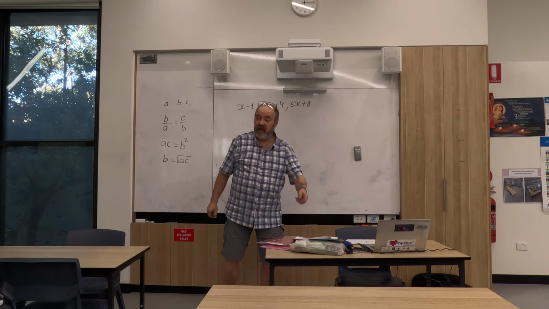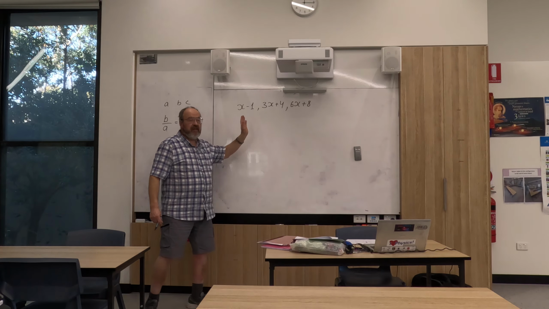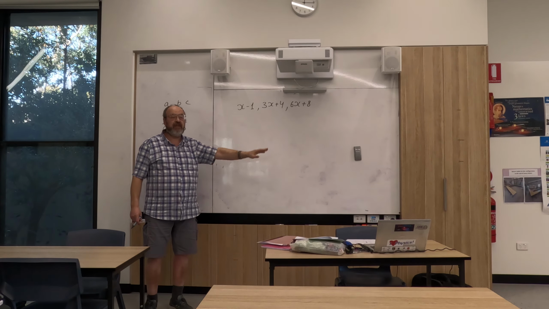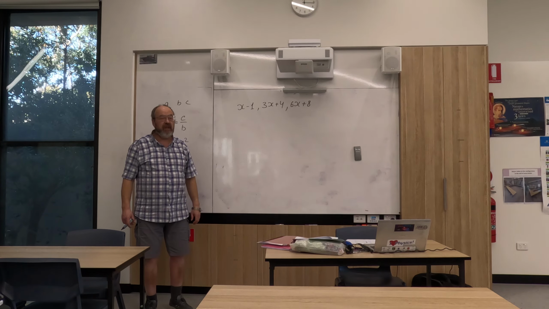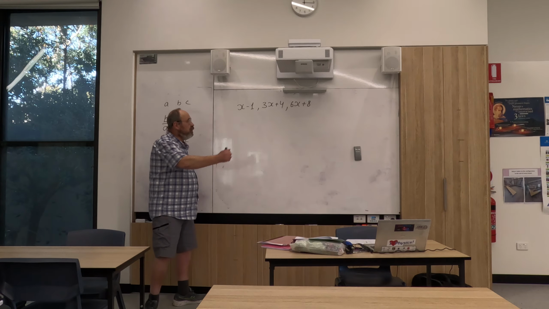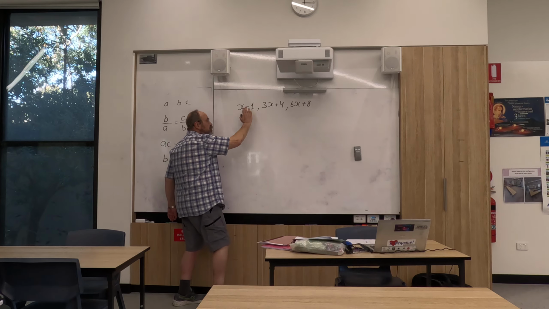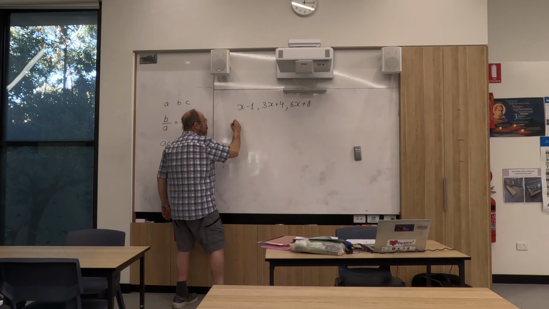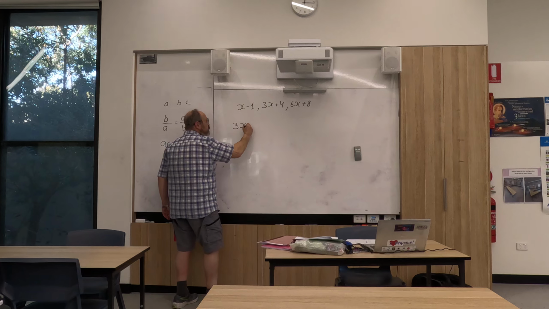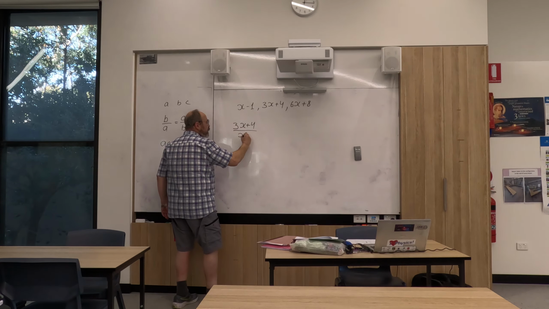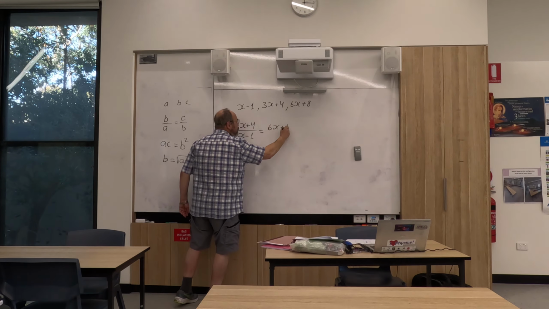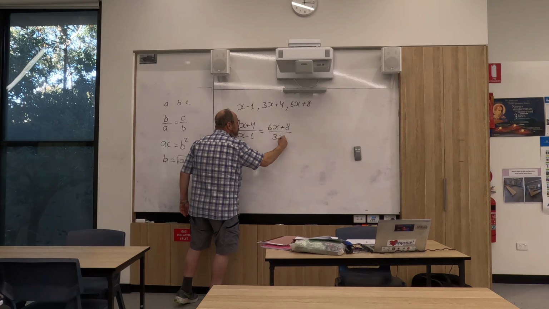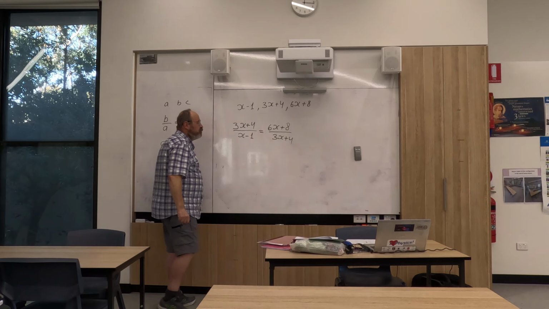Question is, find x. As they are consecutive members of the geometric sequence, the ratio of the second to the first should be equal to the ratio of the third to the second. So we can write 3x plus 4 divided by x minus 1 equals 6x plus 8 divided by 3x plus 4.